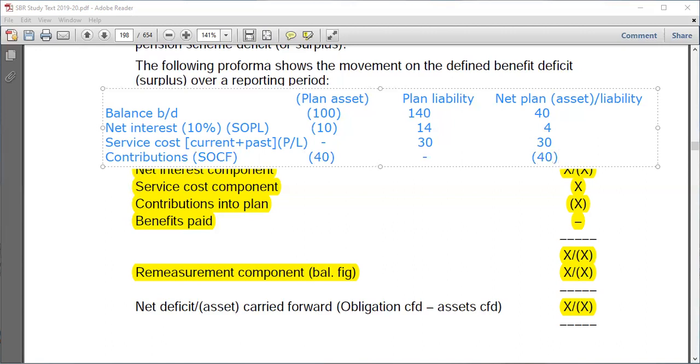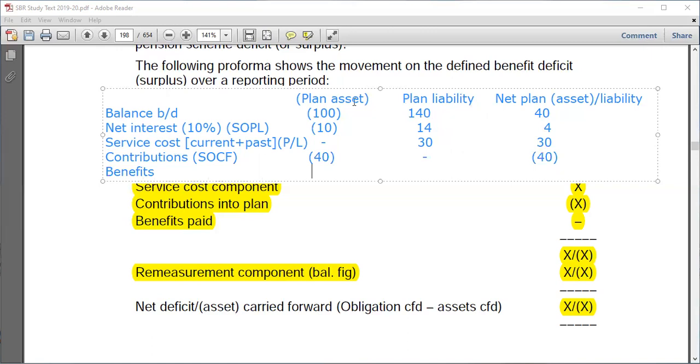Okay, now we proceed and say maybe there could be benefits paid. You know, this plan is invested so as to compensate the employees. So let's say that you have decided to pay 10 million out of the plan assets so as to pay the employees, meaning so as to reduce the plan liability.